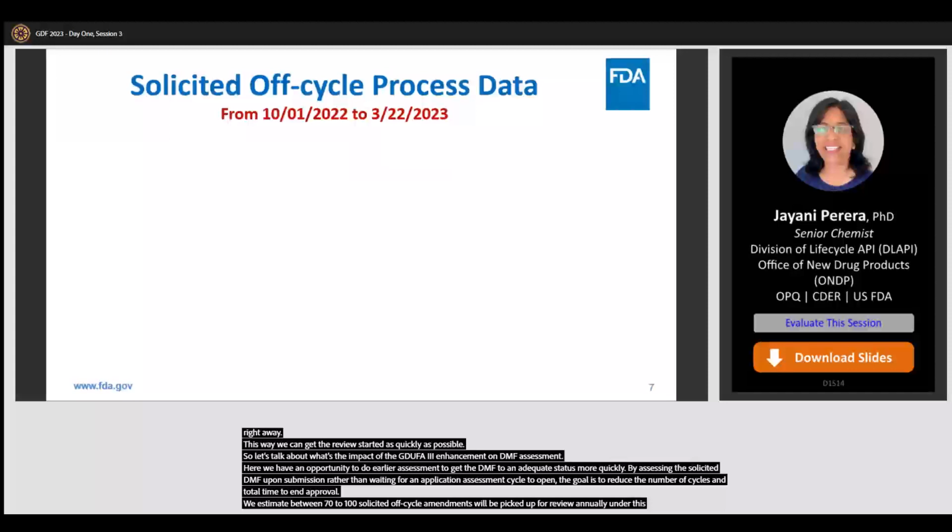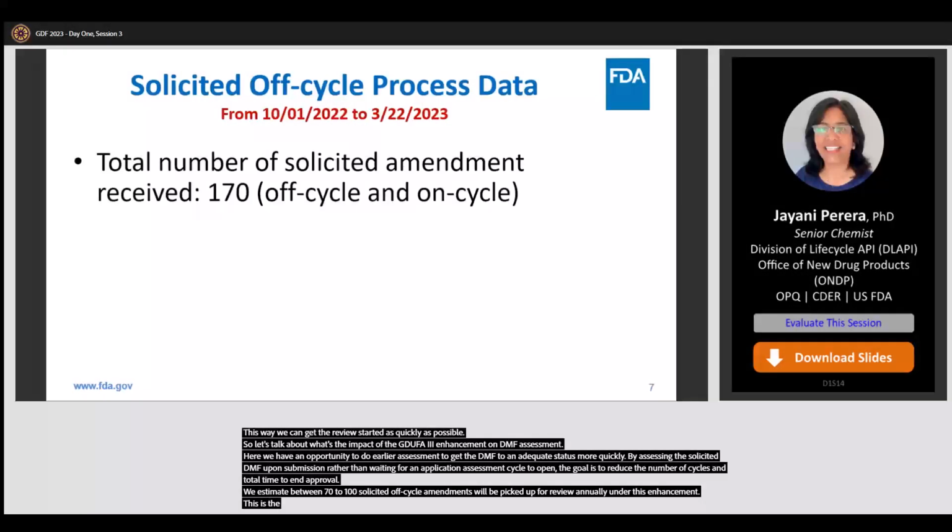This is the solicited off-cycle data for the last 6 months. We have received a total of 170 solicited amendments during this time. These include both off-cycle amendments, meaning there is no open application, and on-cycle amendments, where there is an open application.